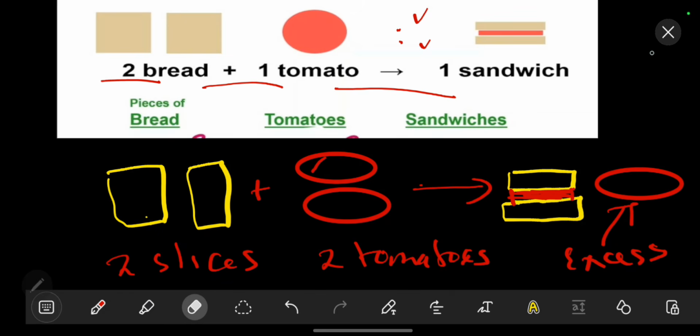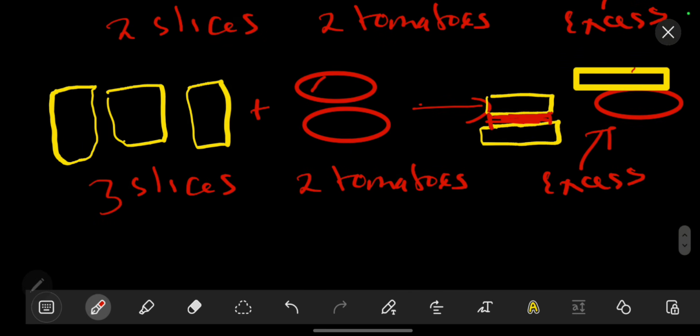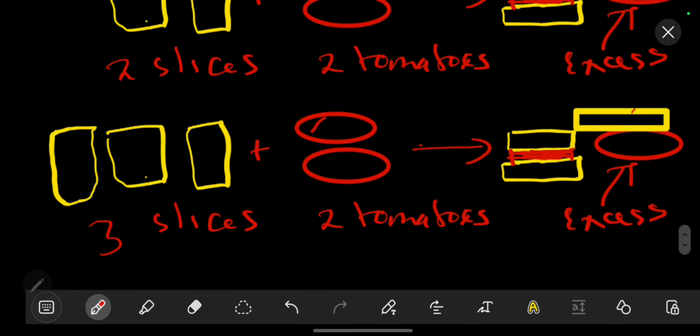Let's advance it a bit. Let's say you have 3 slices and 2 tomatoes. Then you are required to know which one is the limiting reagent. According to this one, the limiting reagent is still the bread. Though there is more bread, for you to make a sandwich you need just one tomato on 2 bread.